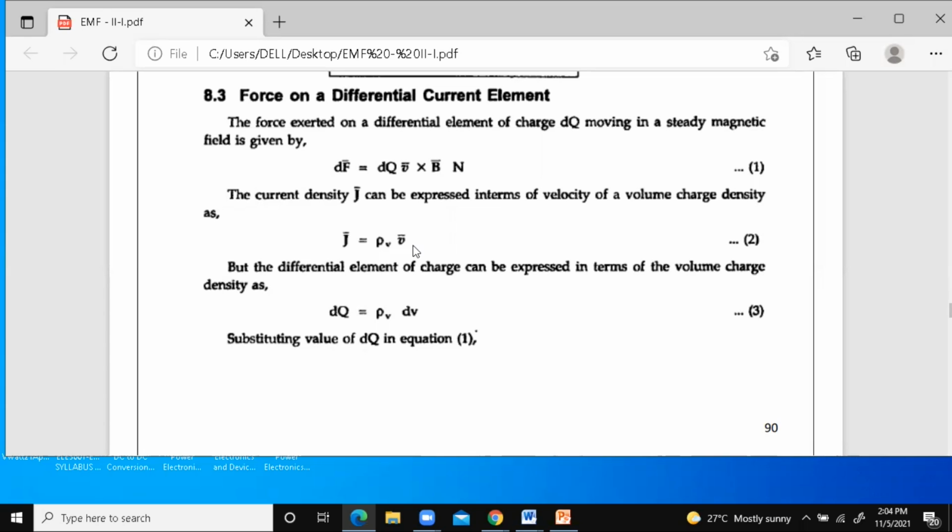So the current crossing a plane is given by a volume of charge crossing the plane times the velocity. Your differential element of charge can be expressed in terms of volume charge density as rho V dV.